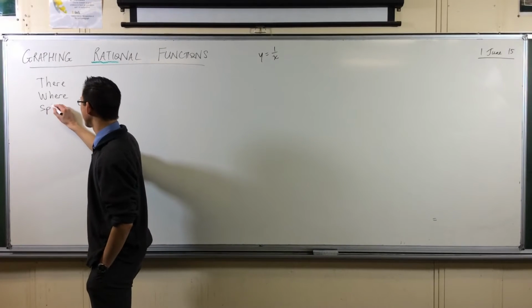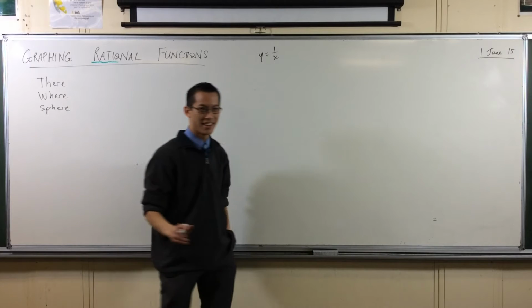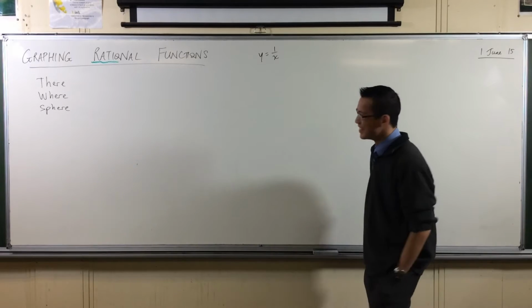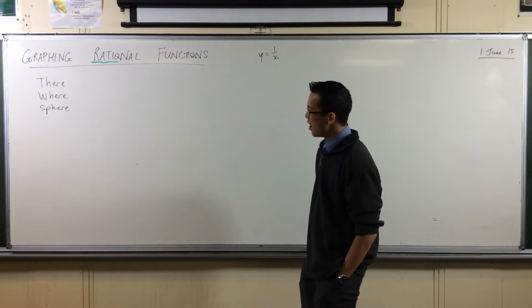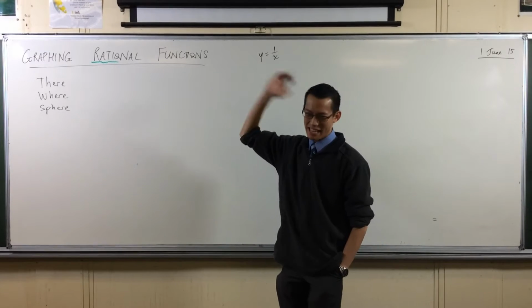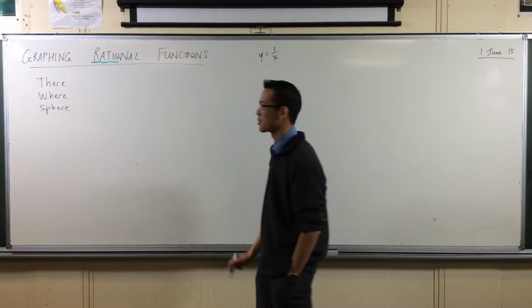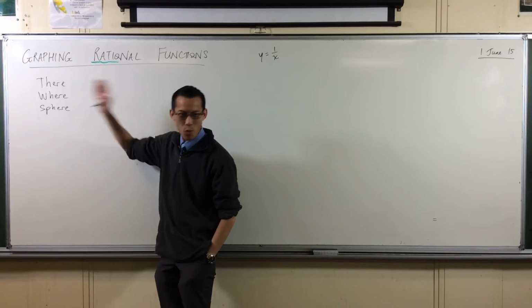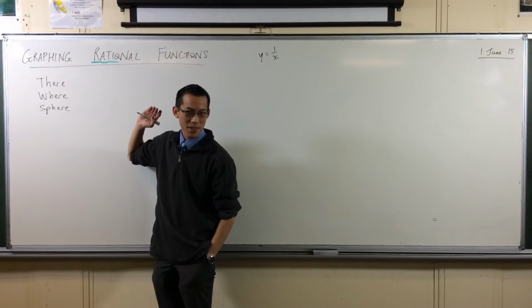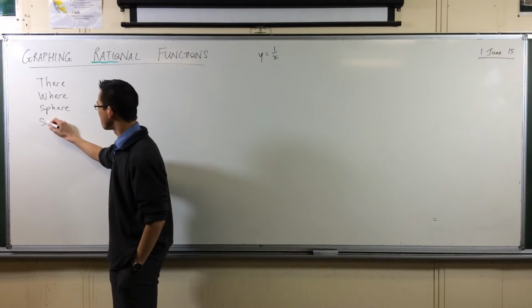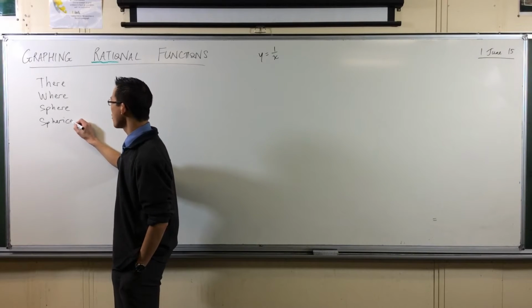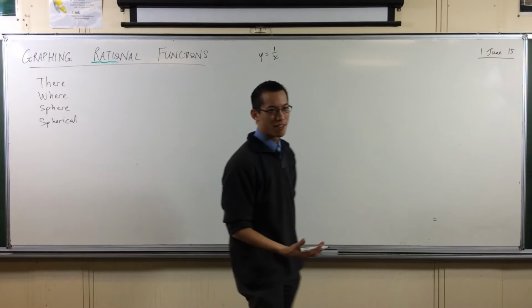Can you pronounce this? Now, this is why I'm so glad I'm a native English speaker, because this makes no sense. It makes no sense whatsoever. It's there and where, and it should be. It should be. We even know that it should be that because it's sphere. When we write this, we say spherical, right?